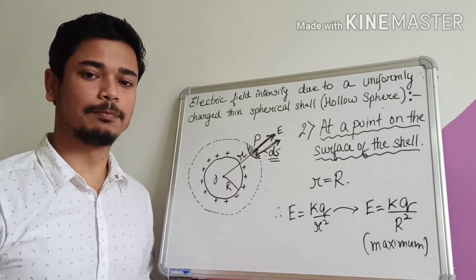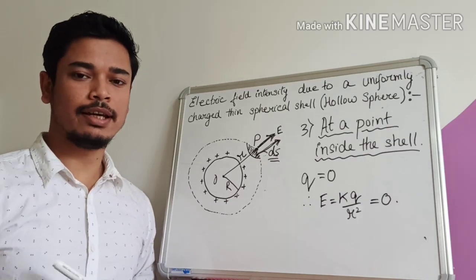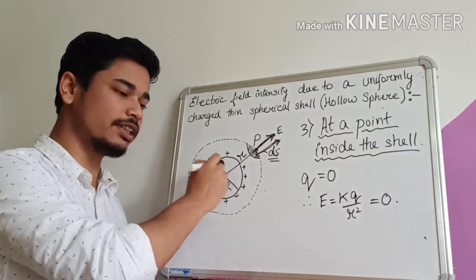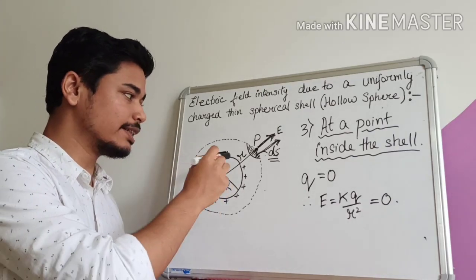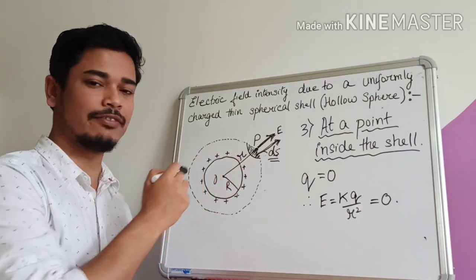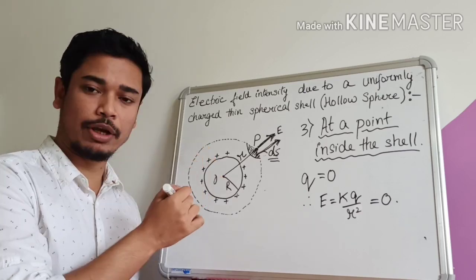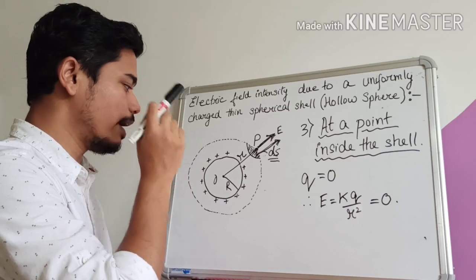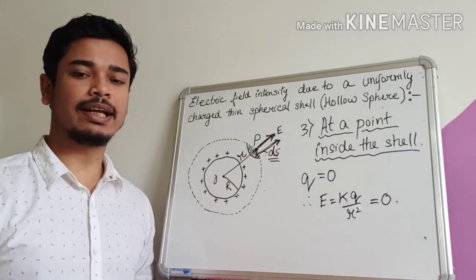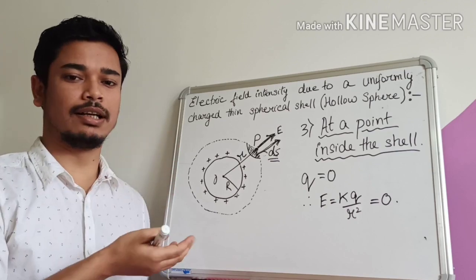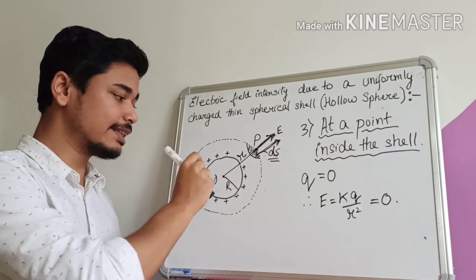Thirdly, we will try to calculate the electric field at the point which lies inside the surface of this shell. So we consider the point P to be inside the surface of this shell. Then what will be the electric field at that point, right? You are already aware of the fact that the electric charge always resides on the surface of a conductor. Electric charge never resides inside the conductor.